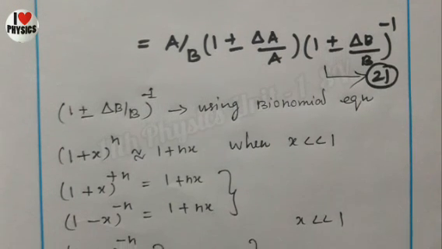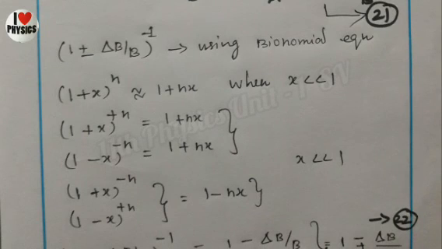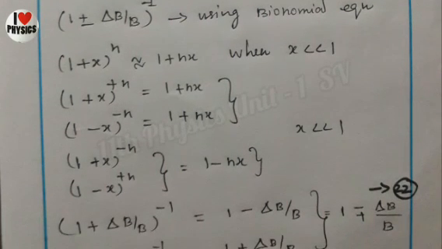And this part uses the binomial expansion. Already we know what the binomial equations are. Four equations are there. 1 plus x power of plus n or 1 minus x power of minus n is 1 plus nx, when x is less than 1. And 1 plus x power of minus n or 1 minus x power of plus n is 1 minus nx.